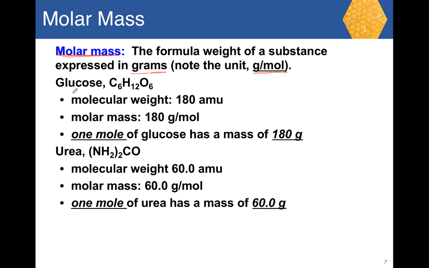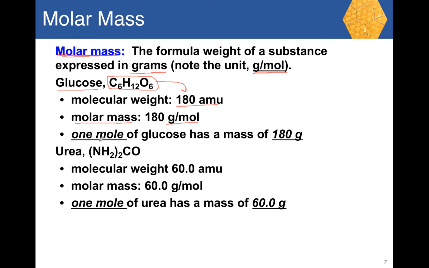So therefore, if we have glucose, here is the formula. If we calculate the formula weight by adding up all the atomic weights, what we have is 180 AMUs. This is now the molar mass: glucose is 180 grams per mole.